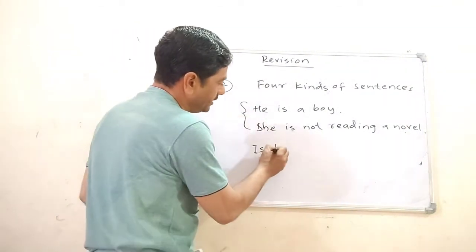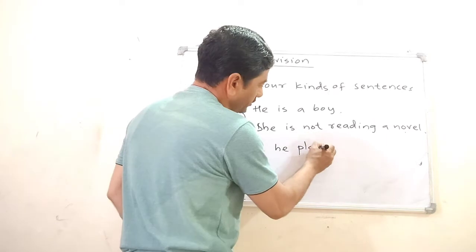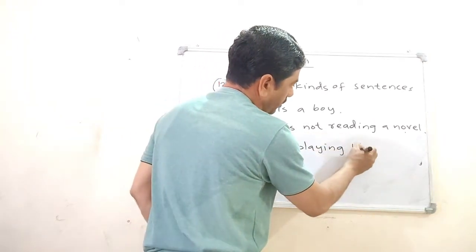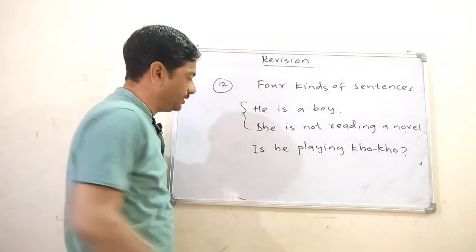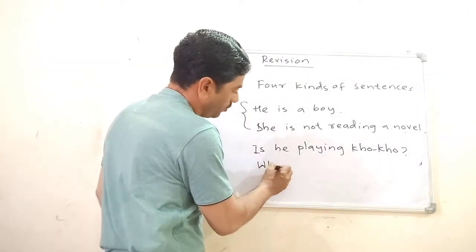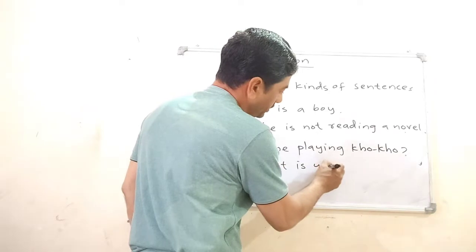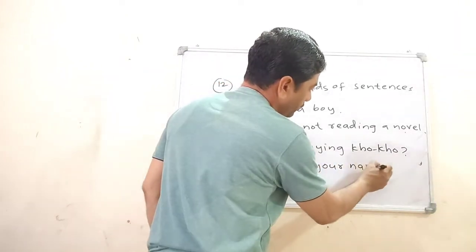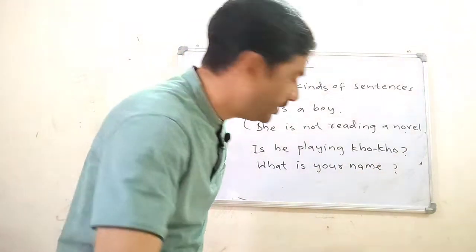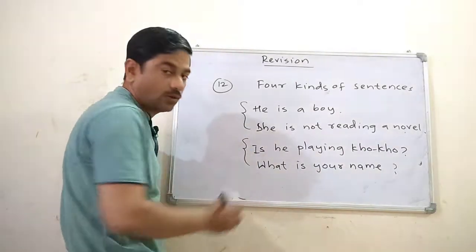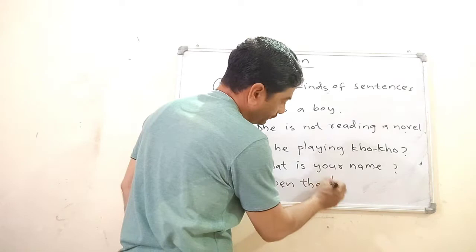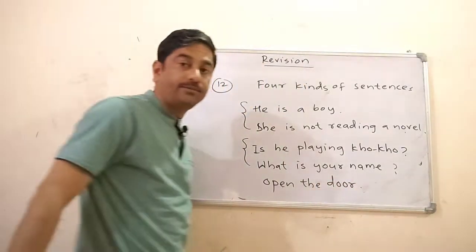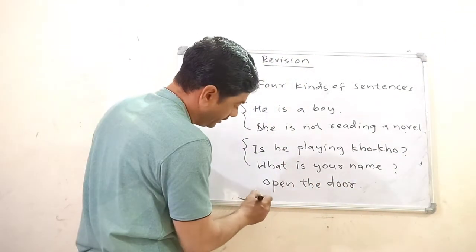Then, is he playing kho-kho? It is an interrogative sentence. What is your name? It is also an interrogative sentence. Then imperative sentence. Open the door. Get me a glass of water.